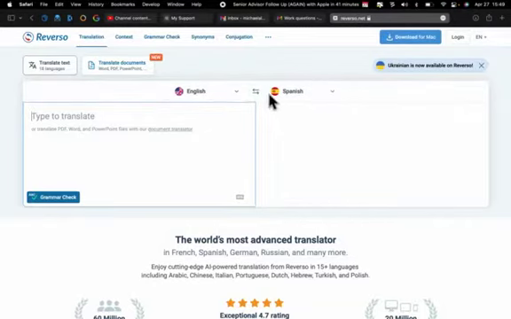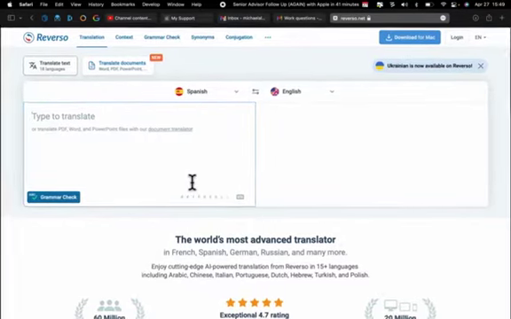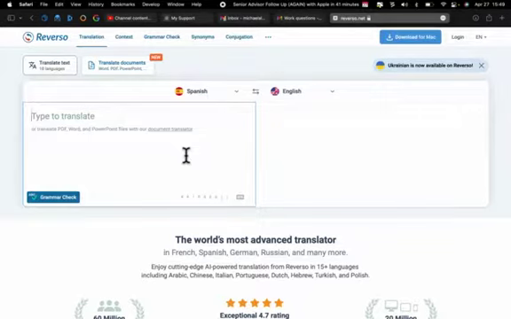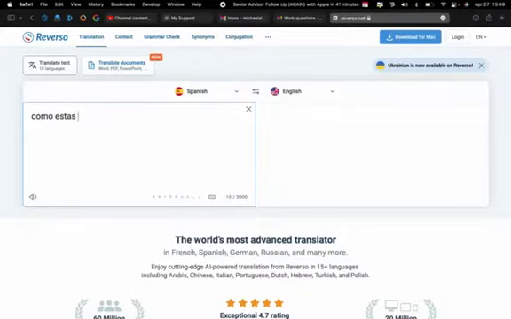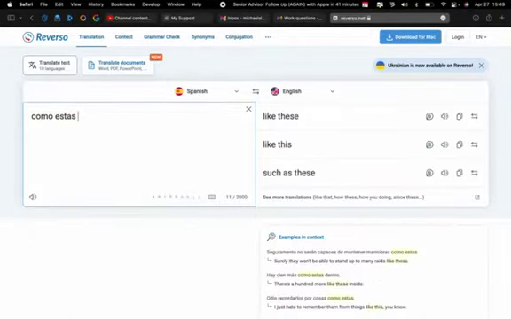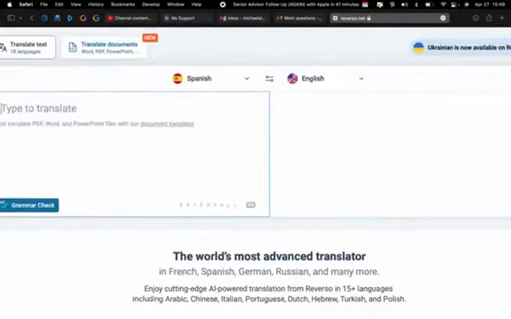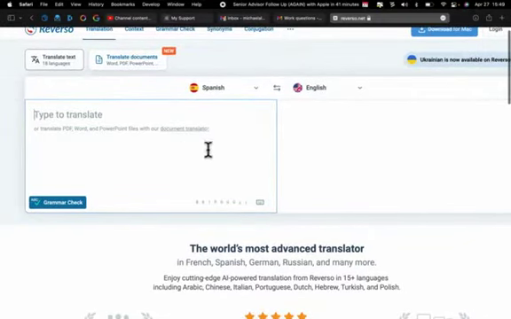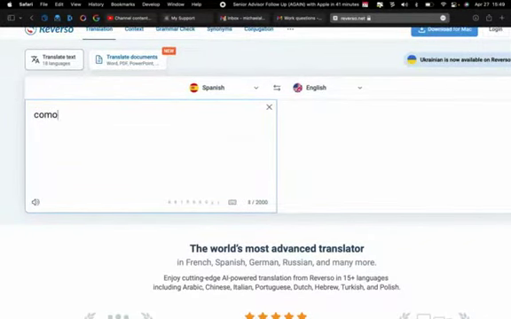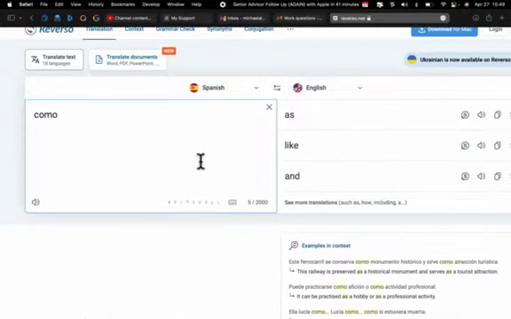So let's say we want to translate something from Spanish into English. What we discovered recently, and this is pretty cool, is that if you need an accent or tilde, what's it called, a mustache, then you don't have to figure out how to do it other than just typing the word in.